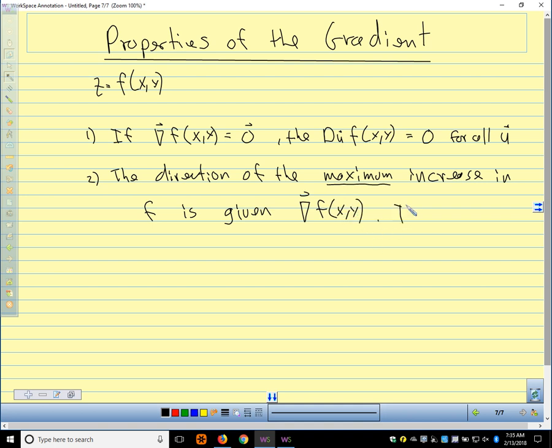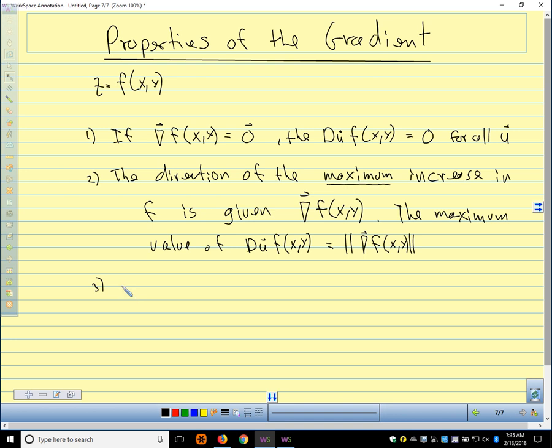The maximum value of our directional derivative is the magnitude of the gradient. So what this is saying is the gradient points in the direction of the steepest incline up the hill. So the gradient points in the direction of the steepest uphill direction.